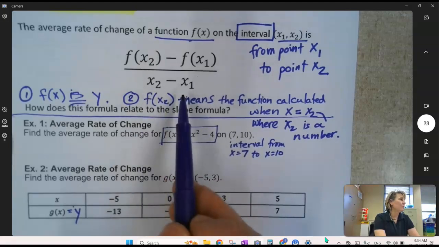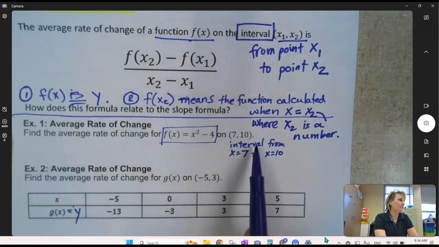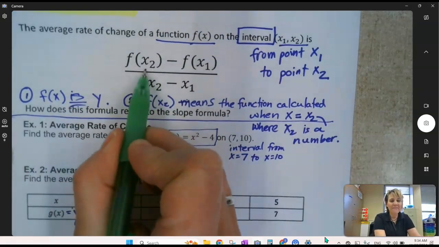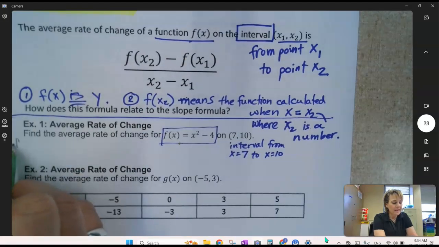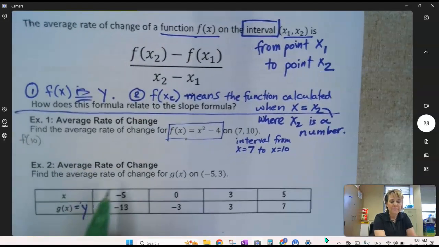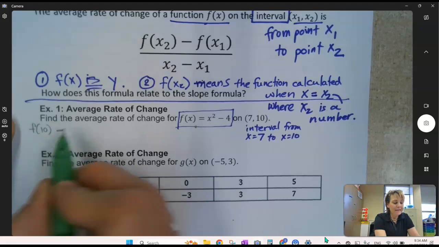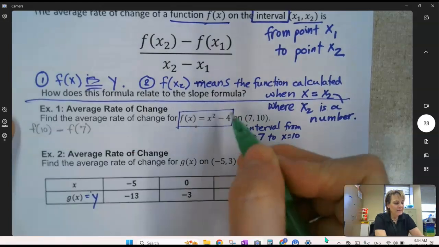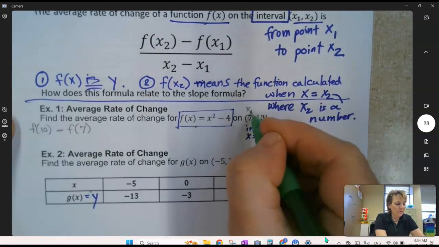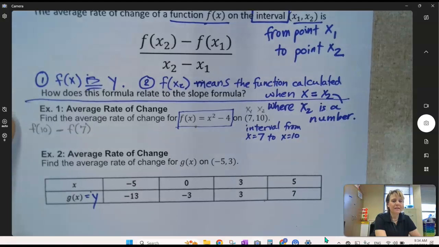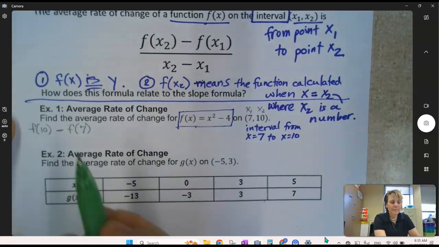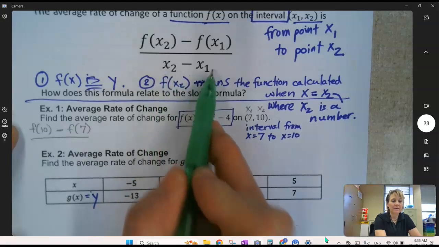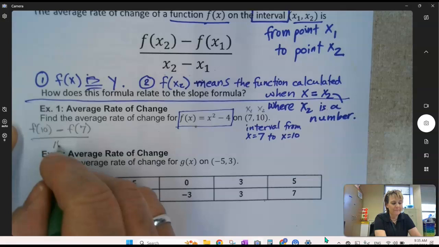The denominator, we're just subtracting these two x values. Okay, so I'm going to write this out here. So the f of x2 in this case is going to be f of 10 minus f of x1 would be 7. So this is going to be my x1 and my x2. That's my interval. And then in the denominator, I've just got x2 minus x1. So I'm going to do 10 minus 7.